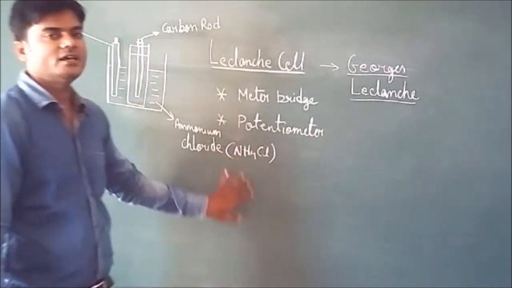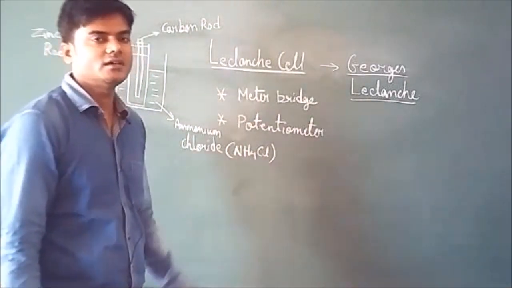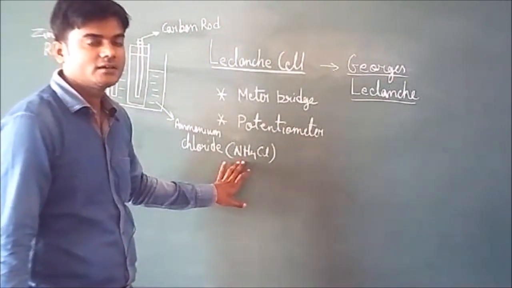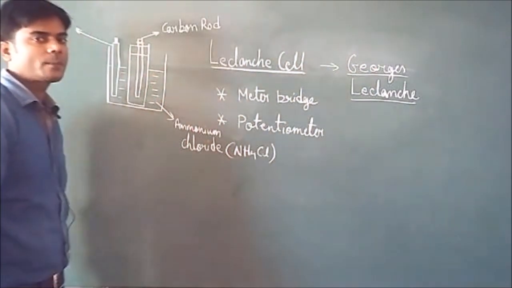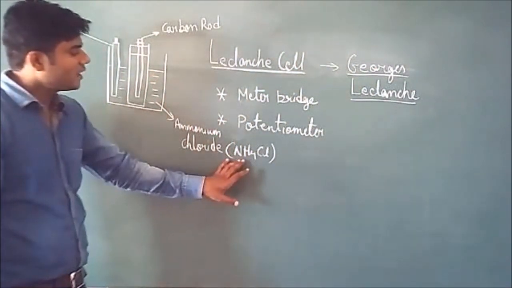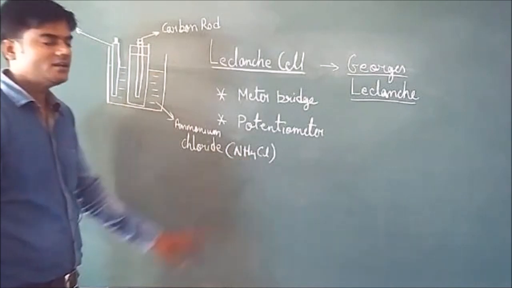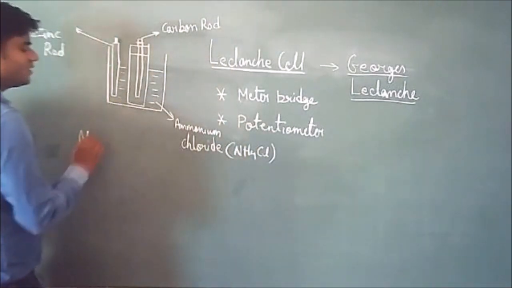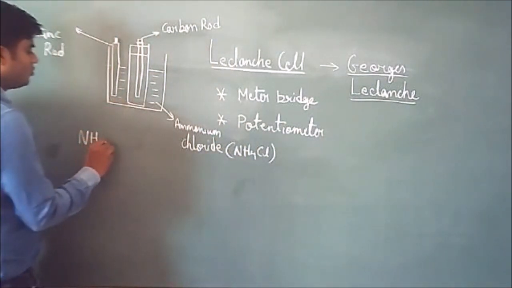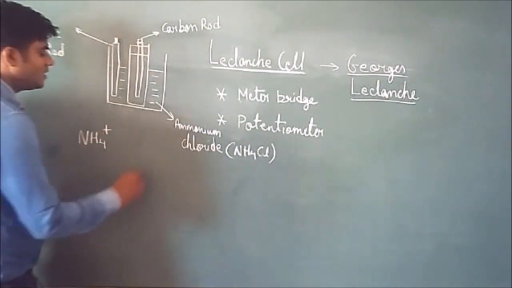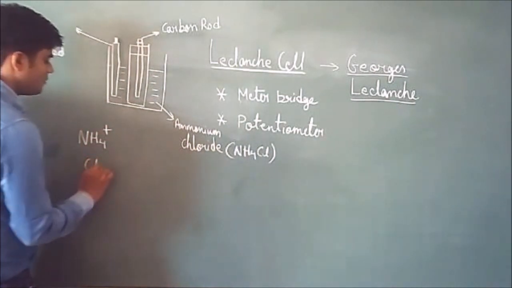This NH4Cl is going to work as an electrolyte. Electrolysis process will go on. What will happen to this NH4Cl when we dissolve it? It will create NH4+ ions as well as Cl- ions.